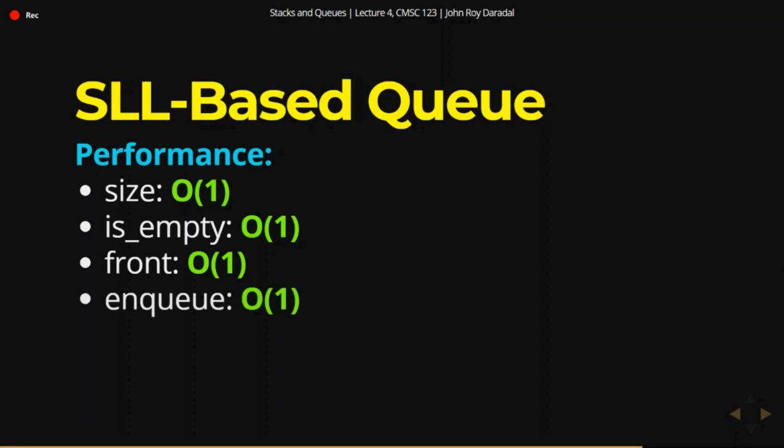And then for enqueue, we just have to add a new node after the tail node, so that takes about 4 steps lang. So that's also constant time. And dequeue also takes constant time because you only need to remove the head node and then update the head node to the next one. Okay, so everything is in constant time for the SLL-based queue.